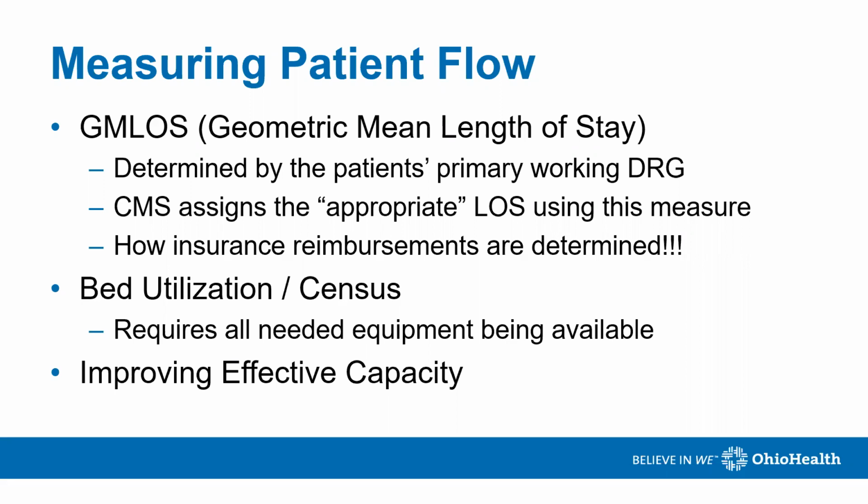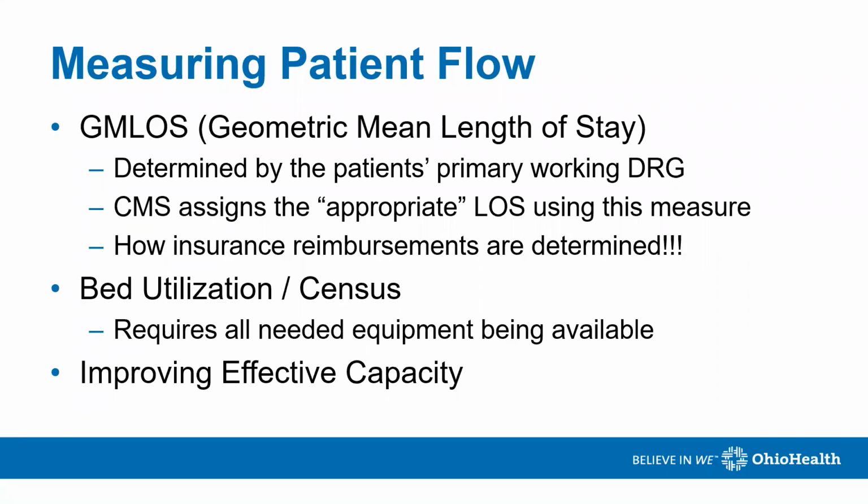And also, you all know that in your system, there are long stay patients who are there for a variety of reasons. So basically, we're taking those out of the calculation. And overall, then what is that mean length of stay for your patients?